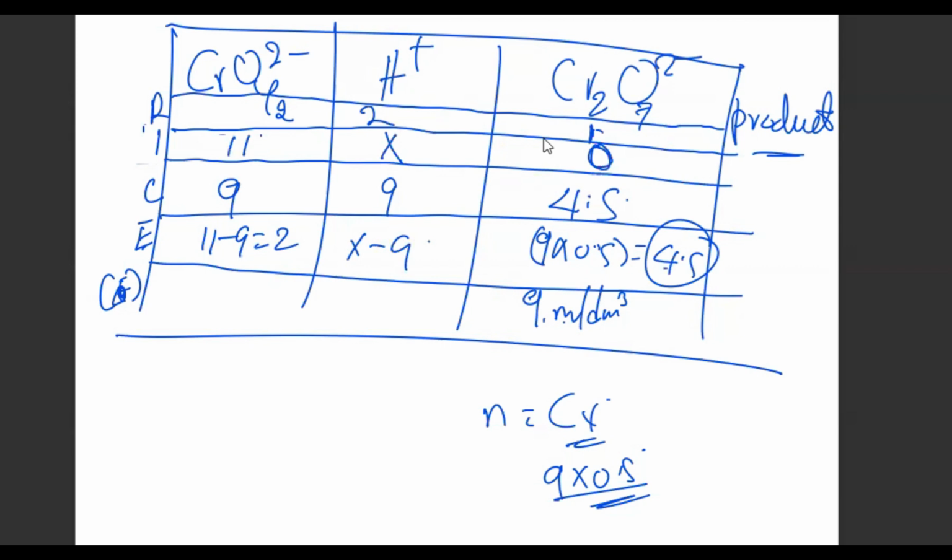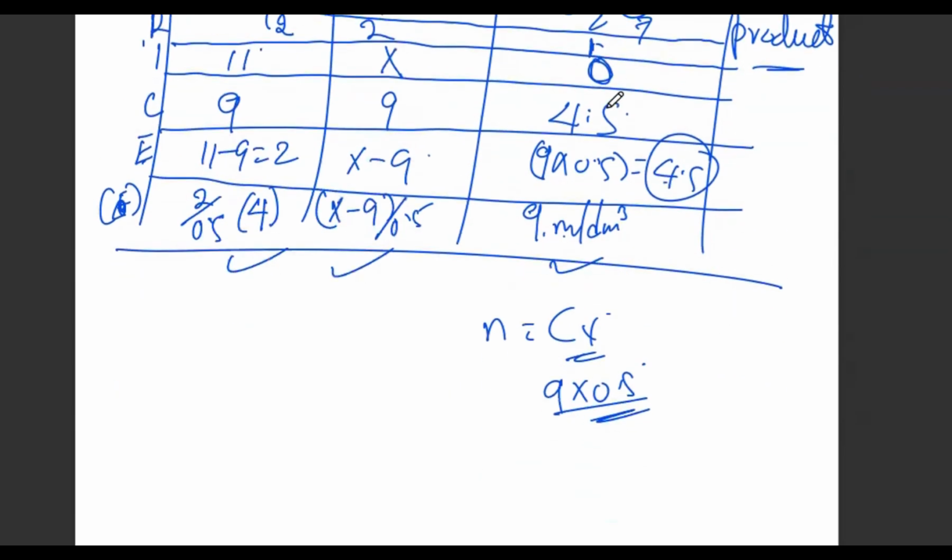Then I divide by 0.5 so that I'm able to get the concentration. So here is going to be x minus 9 divided by 0.5.